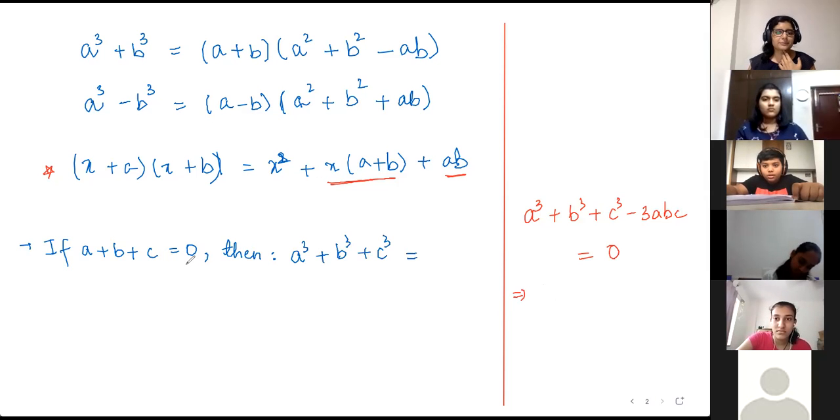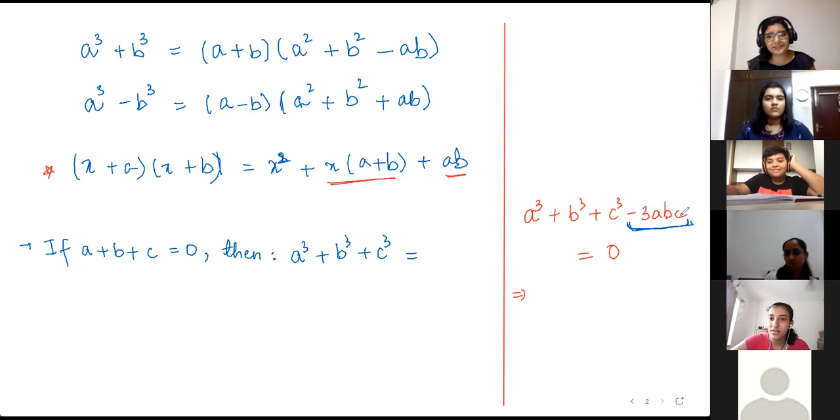If a plus b plus c is 0, then a cube plus b cube plus c cube will be equal to 0. 0 कैसे? यहाँ पे -3abc है ना? इसका क्या हो गया? Ma'am, -3 into 0 only, so it will become 0. That's what. -3 into abc है.